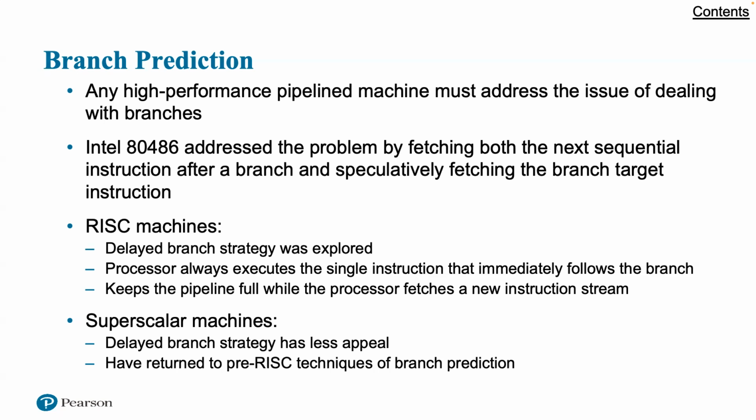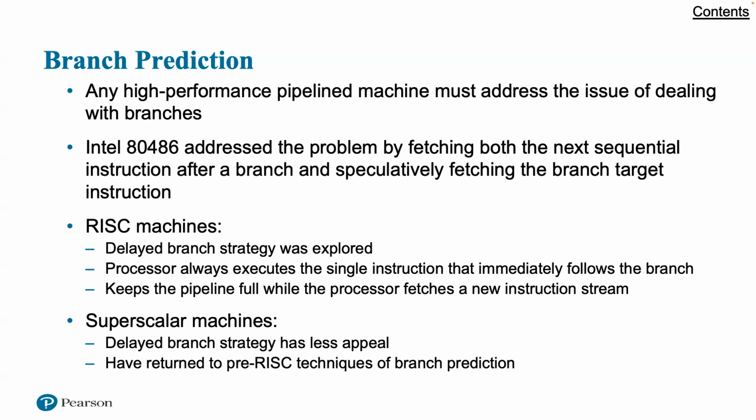With the development of superscalar machines, the delayed branch strategy has less appeal. The reason is that multiple instructions need to execute in the delay slot, raising several problems relating to the instruction dependencies. Thus, superscalar machines have returned to pre-RISC techniques of branch prediction.